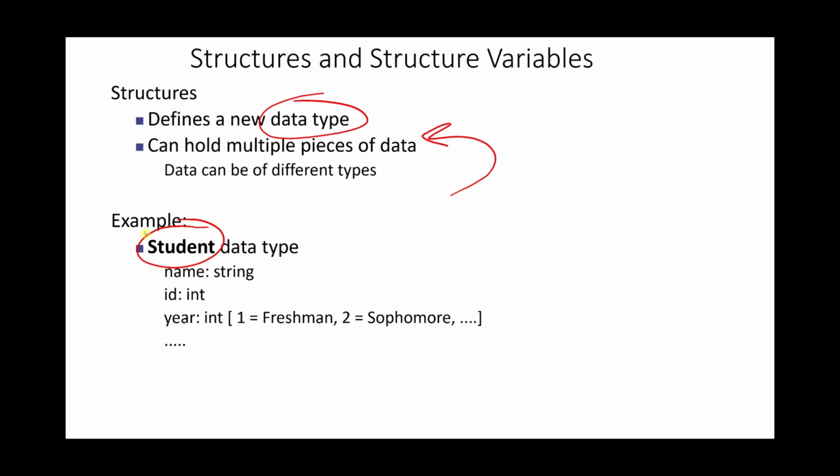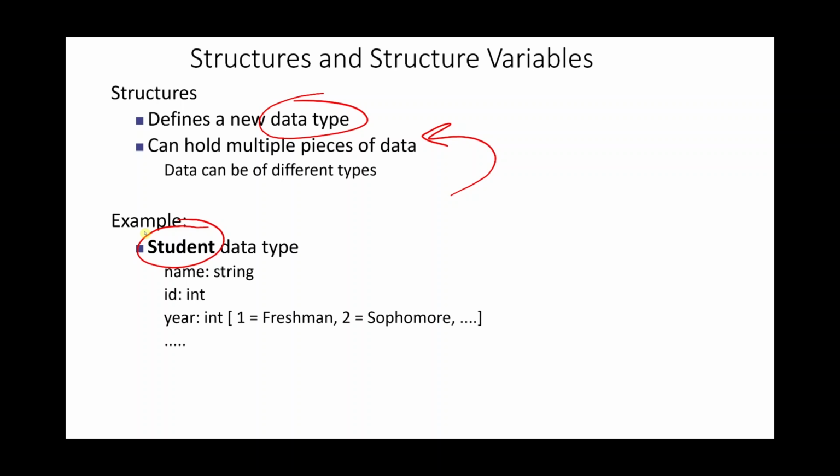The student data type is going to have a name, ID, email, year, whether it's a freshman, sophomore, junior, senior, and all these things. Maybe grades, courses. It depends on what you choose to have in your data type.